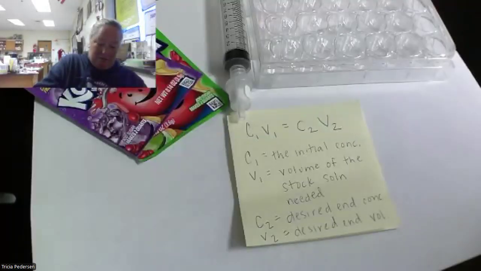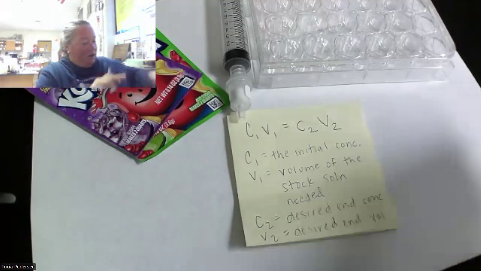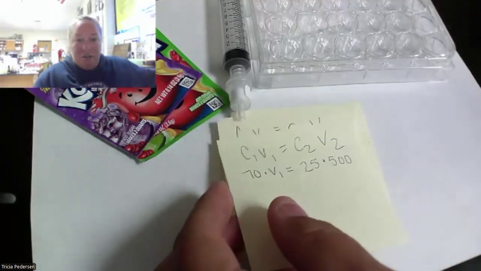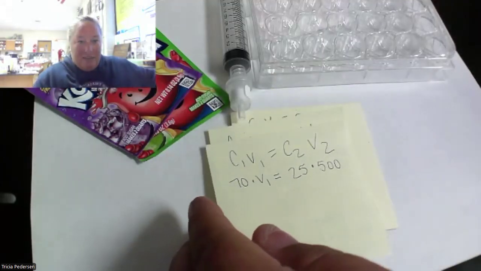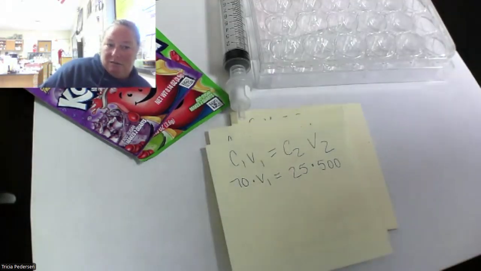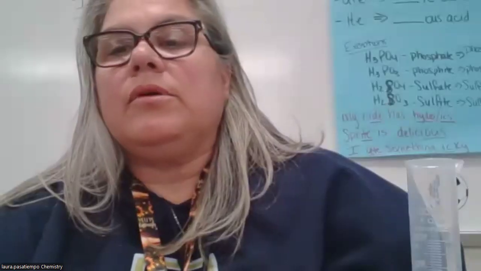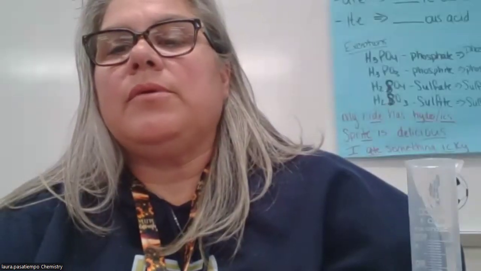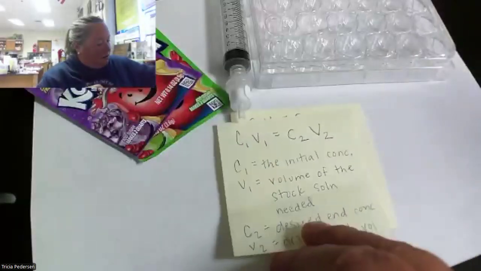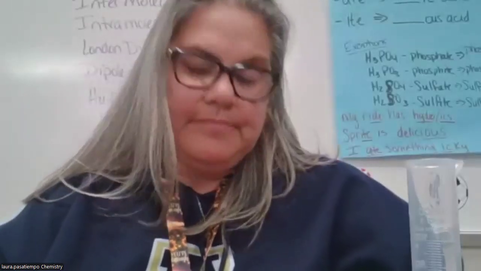That's 0.7. Actually you just use 70. Okay. And then we're going to be solving for V1. So your equation should look set up like this. Is everybody okay with that? Can you put back the sticky note one more time? I just didn't get it. Got it. I can put this here.